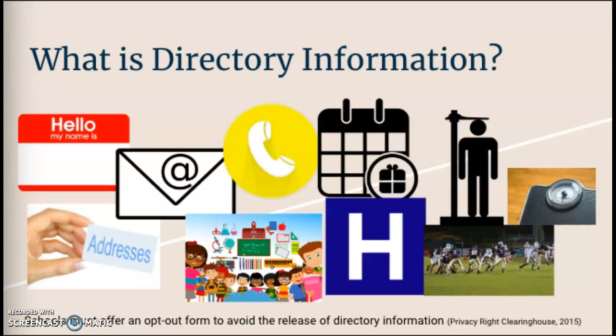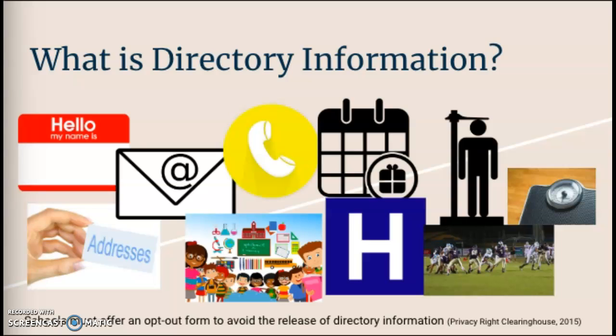Now, the directory is something that's becoming a little bit more controversial because it seems like they're adding more and more information into it. So parents, usually at the start of the year, are going to have the ability to opt out of the directory information being released. Directory information covers anything from the student's name, their address, their email, their phone number, photos, date of birth, place of birth, participation in sports.